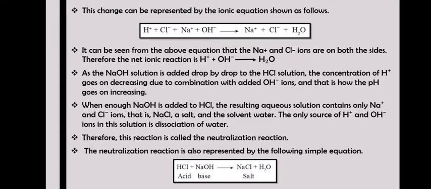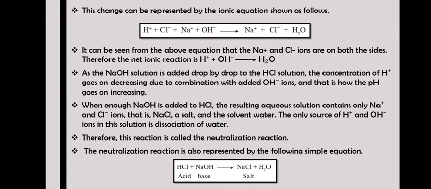Now, as NaOH solution is added drop by drop to HCl solution, the concentration of H+ goes on decreasing due to combination with added OH- ions, and that is how the pH goes on increasing.